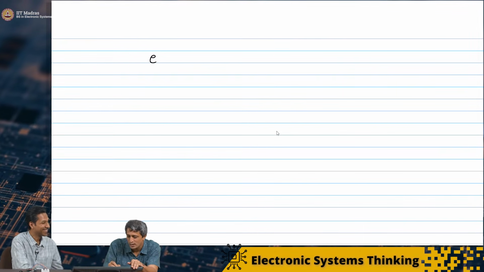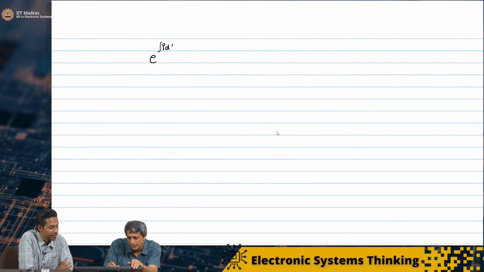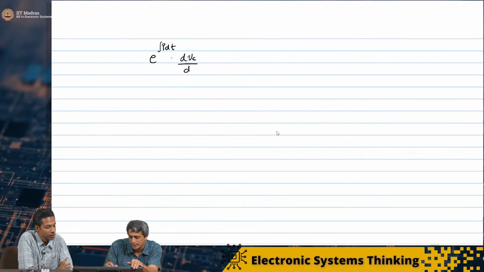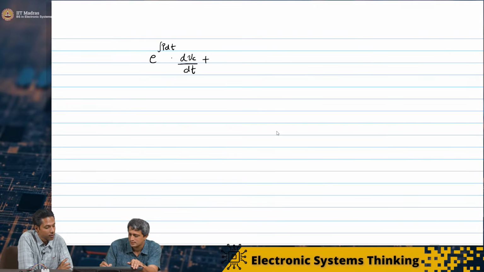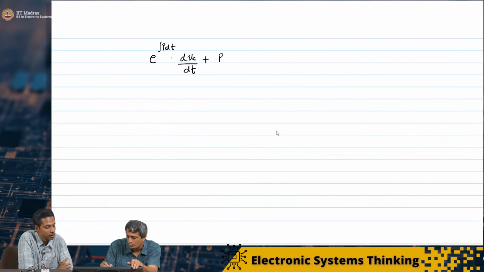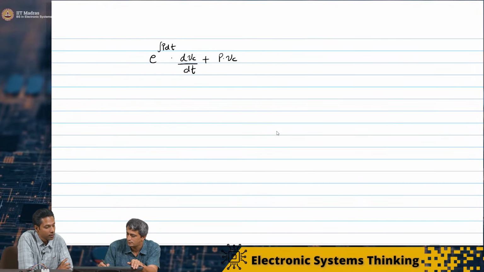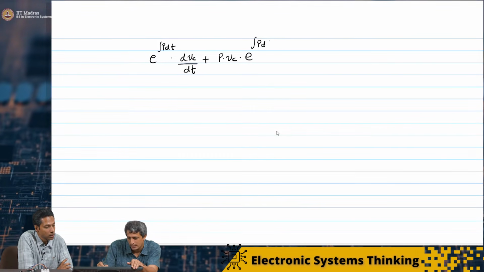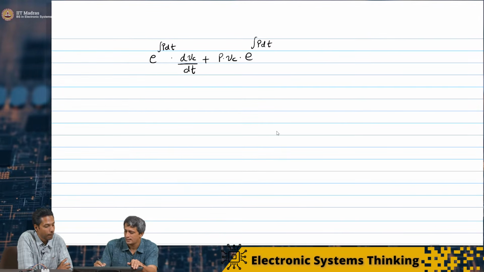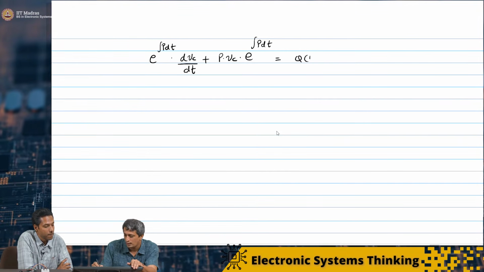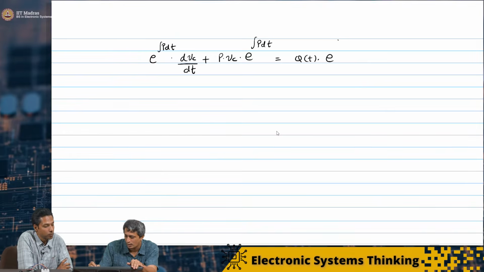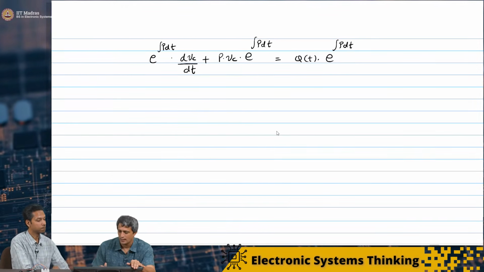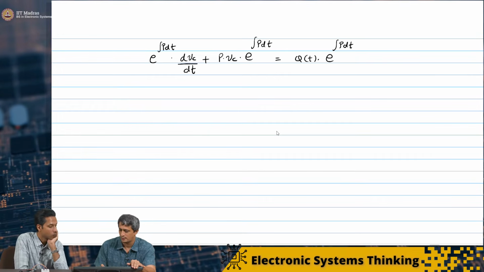So e power integral p dt into dvc by dt plus p into vc, into e power integral p dt, is equal to q of t into e power integral p dt. Now there's an advantage here.